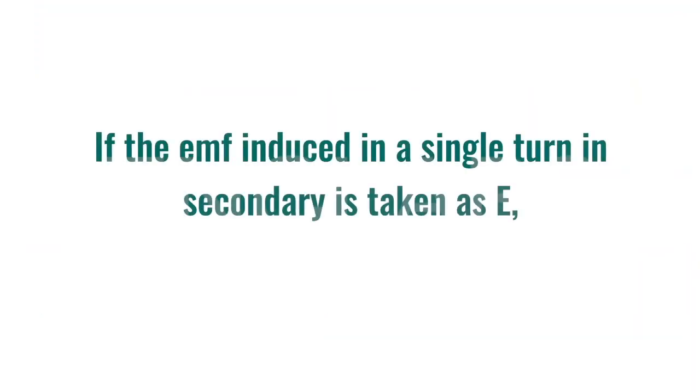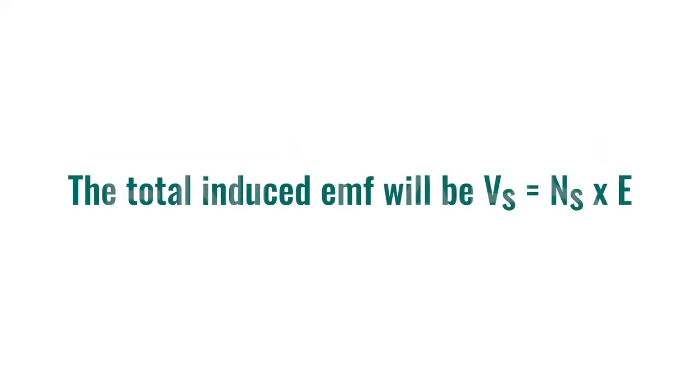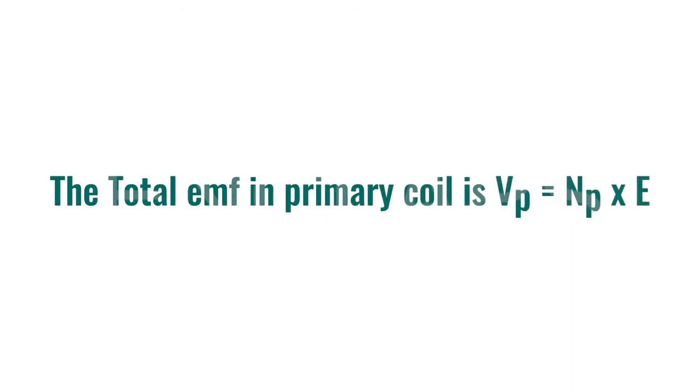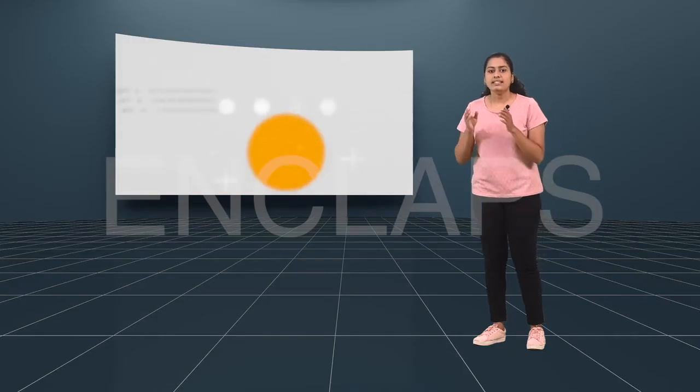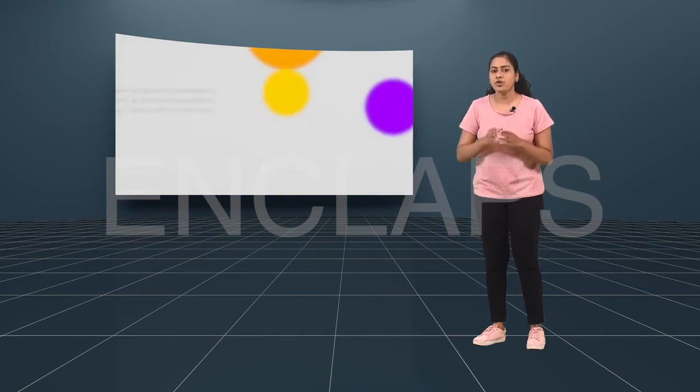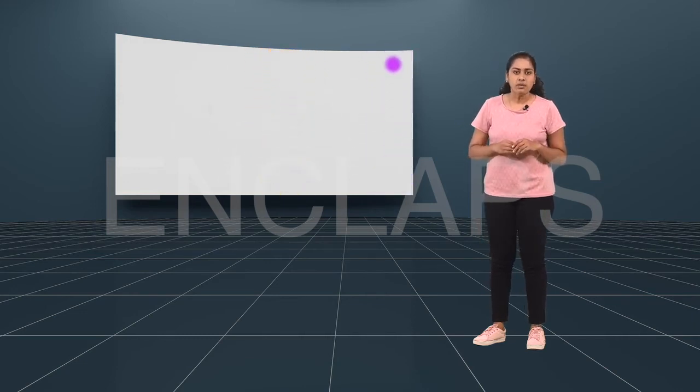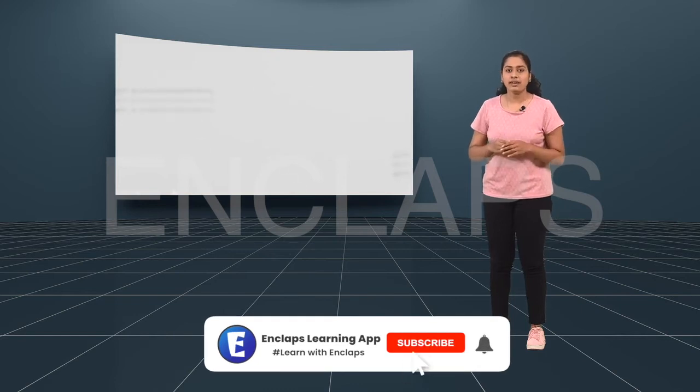Now, let's examine the induced EMF. If the EMF induced in a single turn in a secondary is taken as E, the total induced EMF will be VS is equal to NS into E. Likewise, the total EMF in a primary coil will be VP is equal to NP into E. We know that the thickness of turns in a transformer is not a constant, but the power of a transformer in a working condition remains constant.